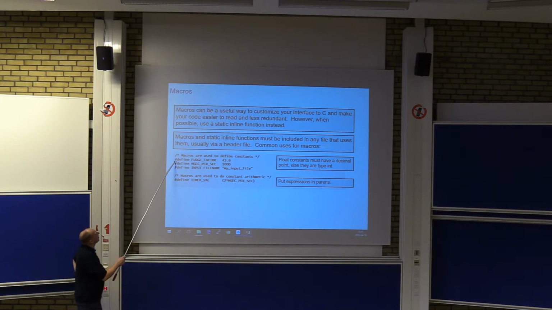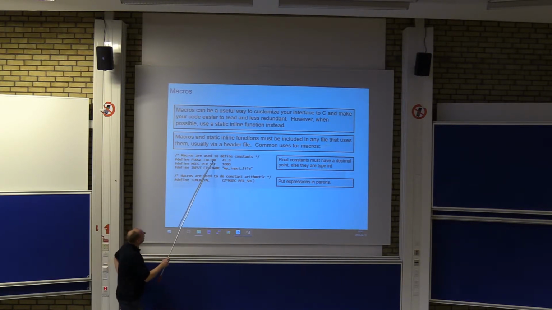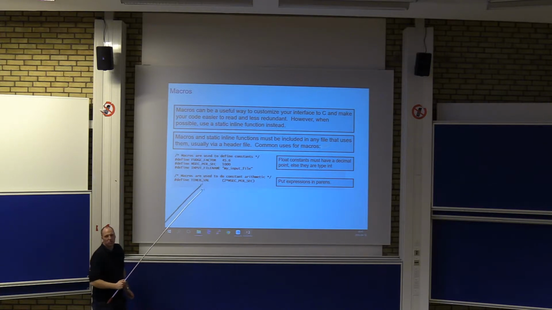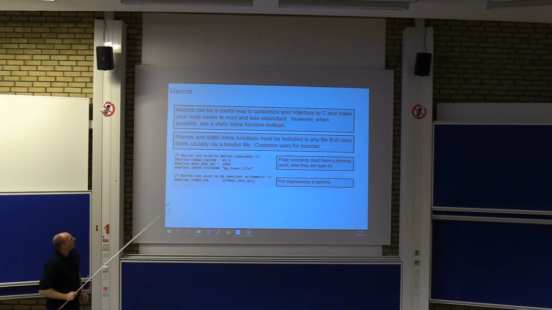In this case, you have a define macro here, so it will say that in your program you can write fudge factor, and every time the preprocessor sees this fudge factor, it will replace it with 45.6. You can do this for floats, integers, strings, like that.